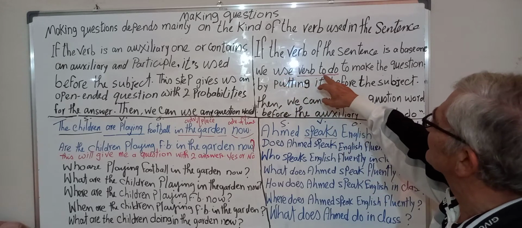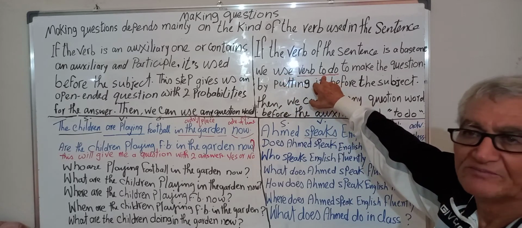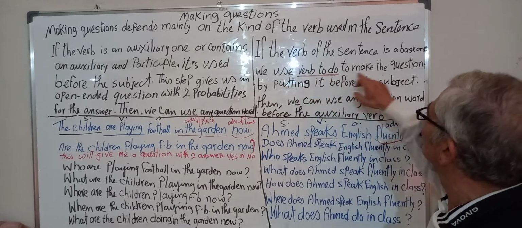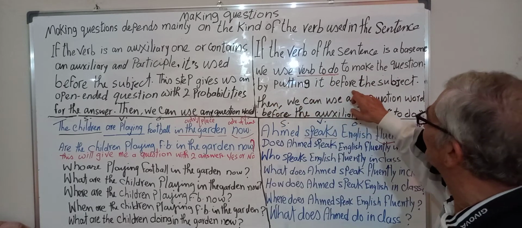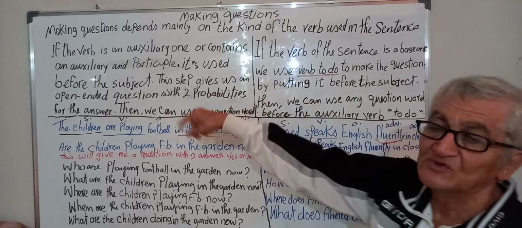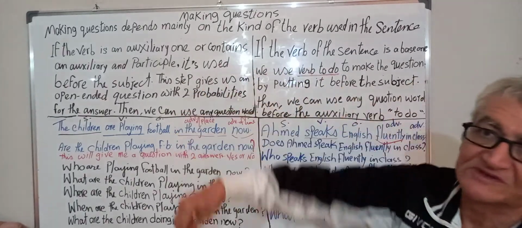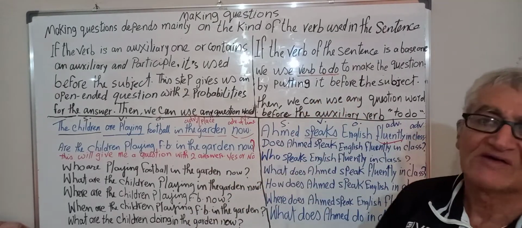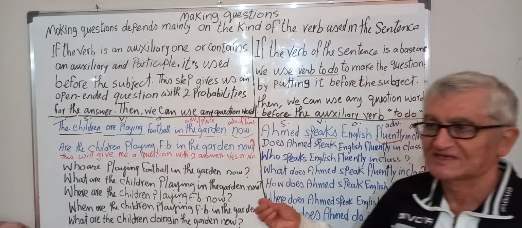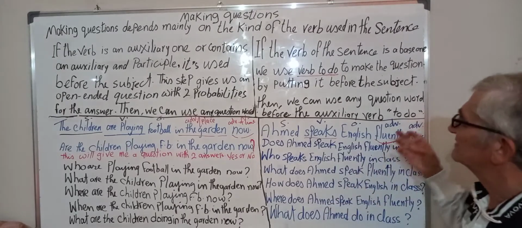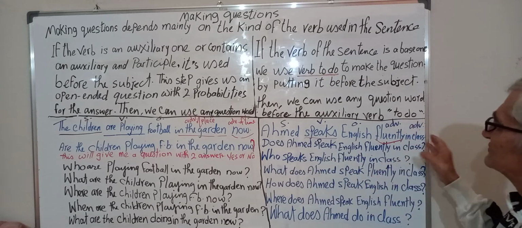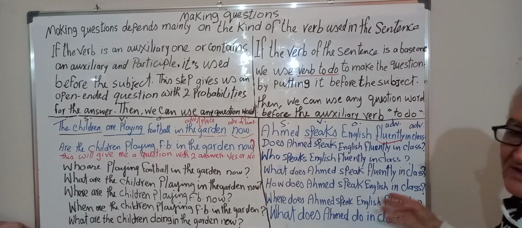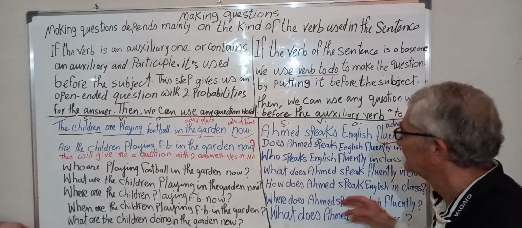We use verb to do when we make the question, by putting it before the subject. As we do with the auxiliary verb, we put it before the subject to have an open-ended question as a first step. Then we can remove any part of the sentence and use a suitable question word for it.